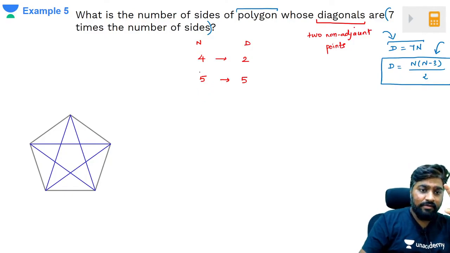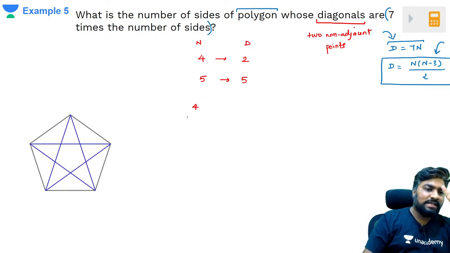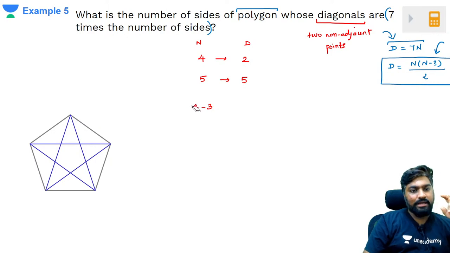What could be the logic? Let's take a square. If there are 4 points, out of these 4 points I cannot select which points? I cannot select 3 points, correct? Or in other words, using 4 points, how many groups of 2 can I form? How many total lines can I form?